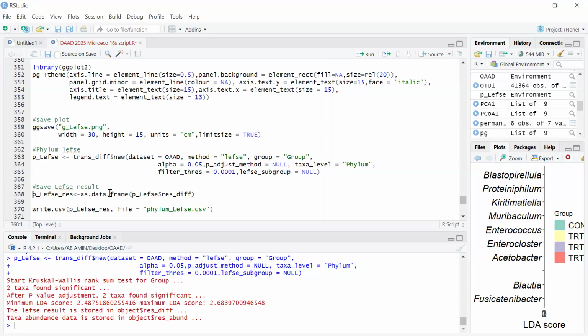So it's better to increase the threshold so that it focuses on the most significant ones that have greater effect. But at phylum, if you use that same threshold, you find that very few phyla are able to cross. So you have to reduce the threshold for phyla in such cases and leave the one for genus.